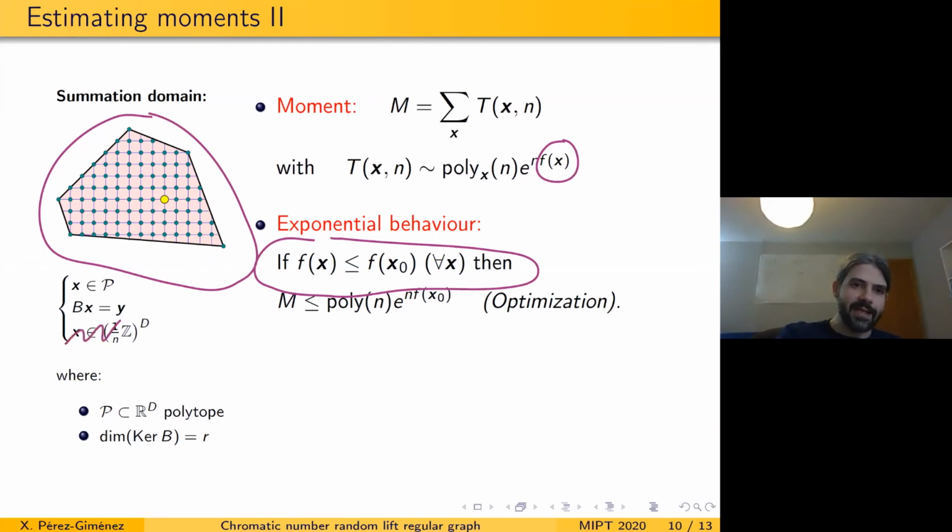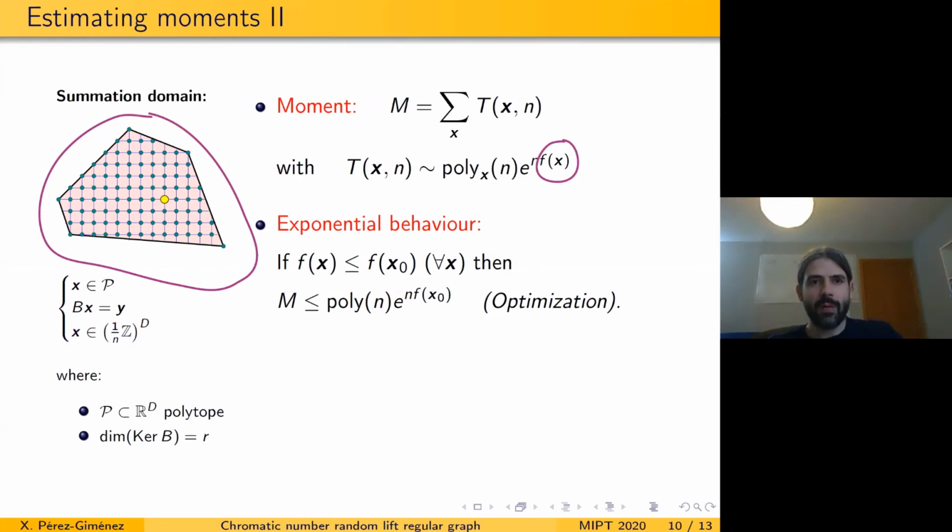Forget about the lattice for a second. This is a polytope intersected with an affine space, which gives you a smaller polytope. So this is a polytope in R^D, but it has lower dimension because you slice it with an affine space.